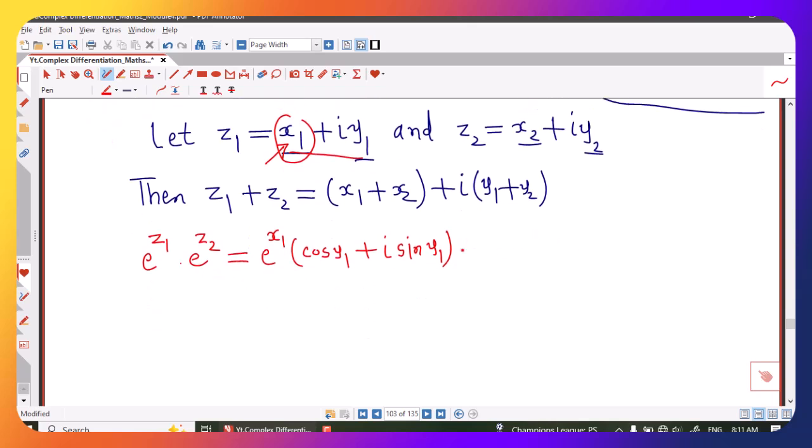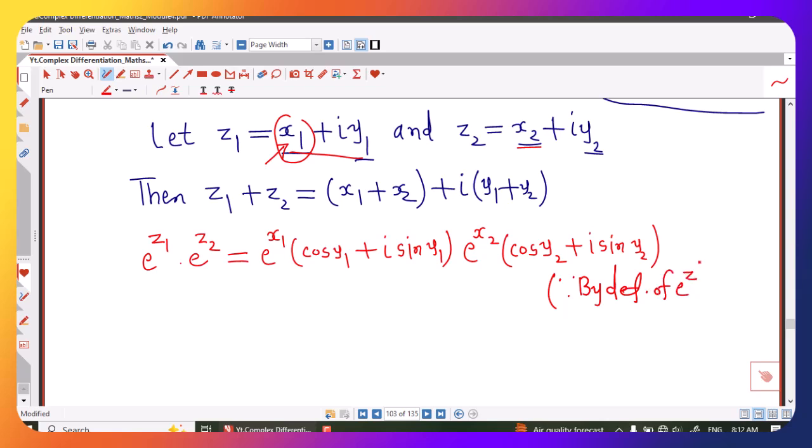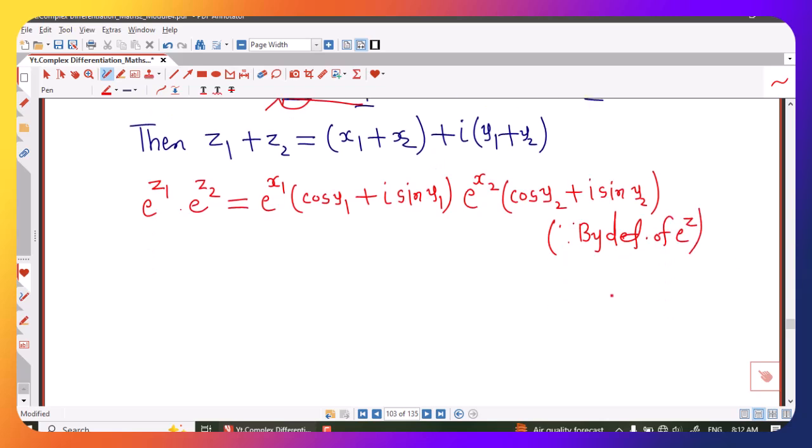Similarly, e raised to z2 will be e raised to x2, that is real part of z2, and imaginary part of z2 is y2. So here we consider angle as y2, cosine of y2 plus i sin y2. So this we have written using definition of complex exponential function.